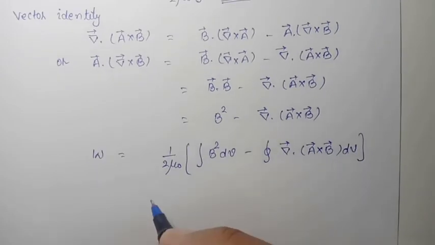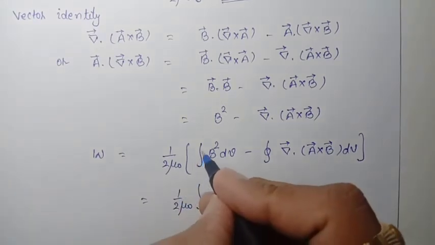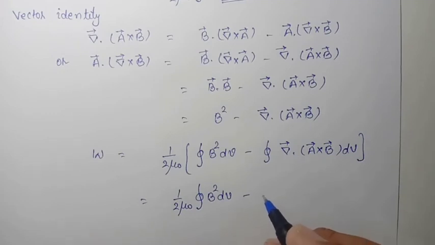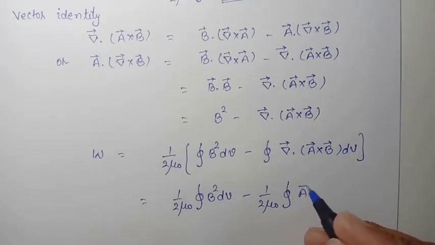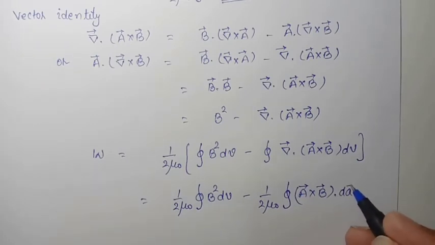This is equal to 1 over 2 mu naught integral of B squared dV minus 1 over 2 mu naught closed integral of A cross B dA.